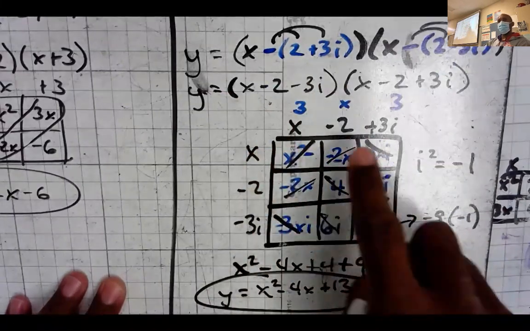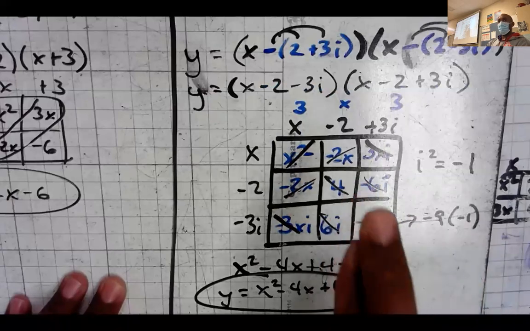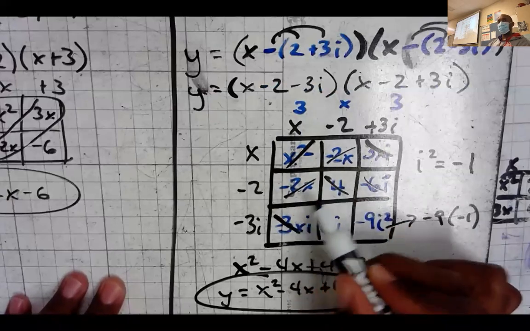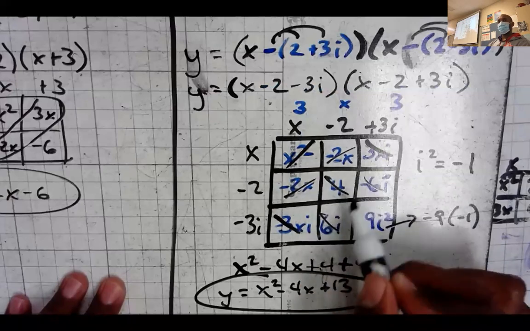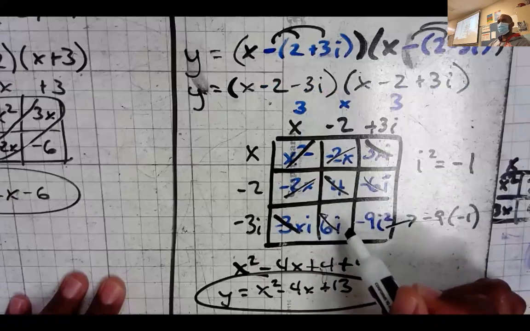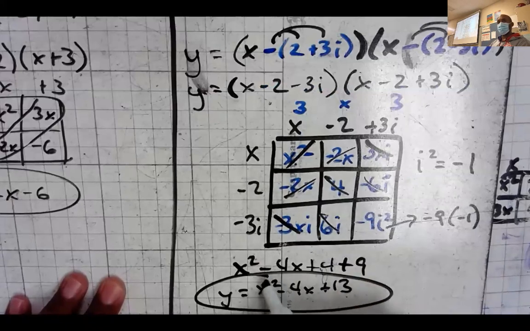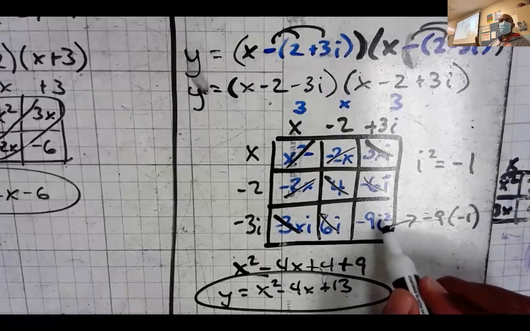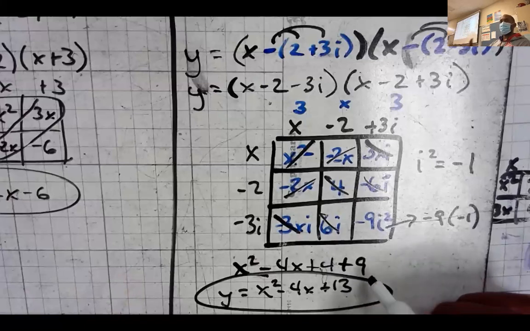Once I multiply all these out, I got to add up the like terms. And remember that 2 of them canceled. The xi terms and the i terms canceled out. So all I was left with was x squared and x, and then this i squared. And every time you have an i squared, that number is going to turn into a real number because i squared equals negative 1. Okay, and then I end up with that.